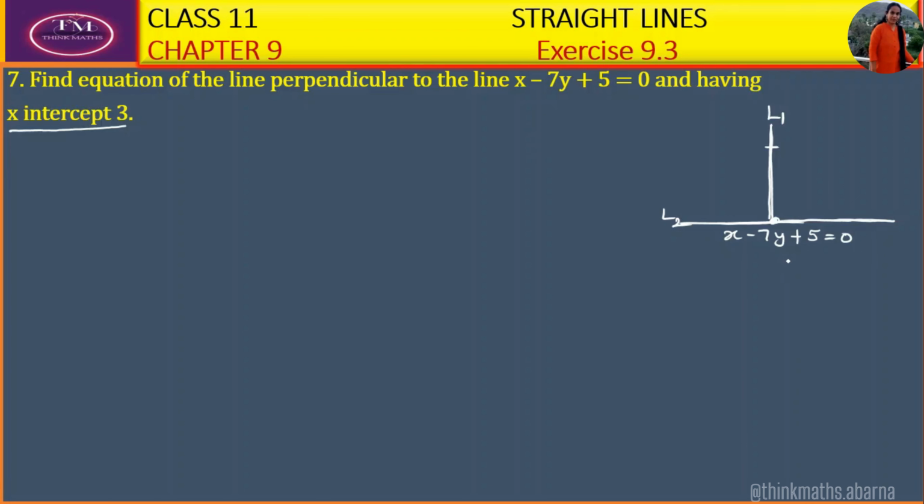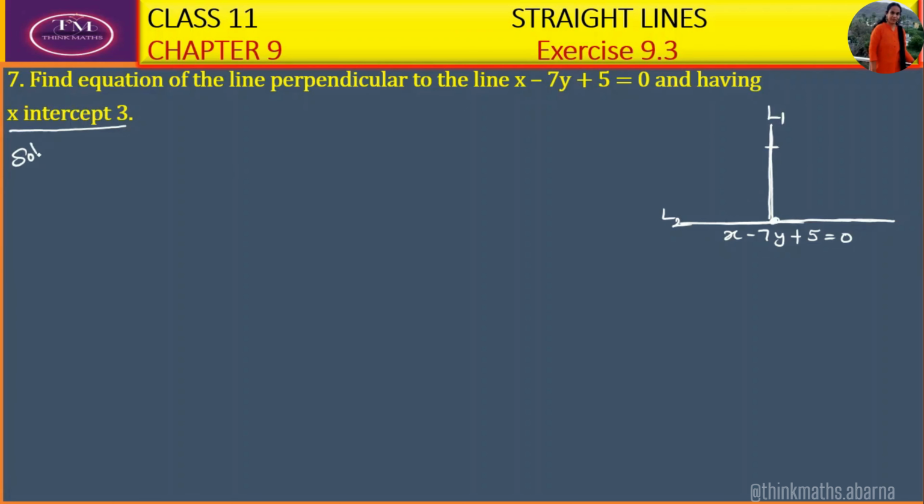So if we find the slope of this line, we know the slope of the perpendicular line. How to find it? The product of the slope of L1 and the slope of L2 is equal to minus 1. With that, we will find the slope of L1. So that is the concept.